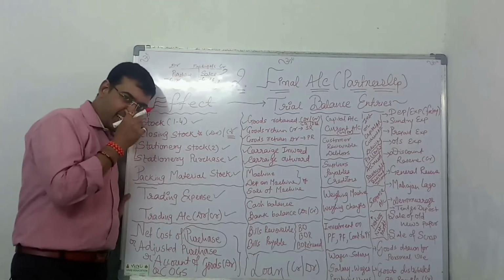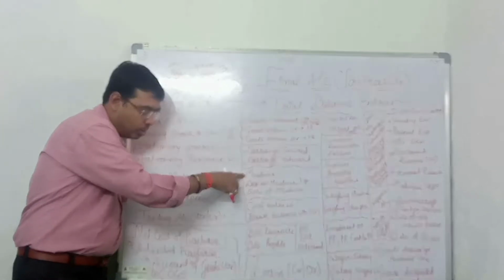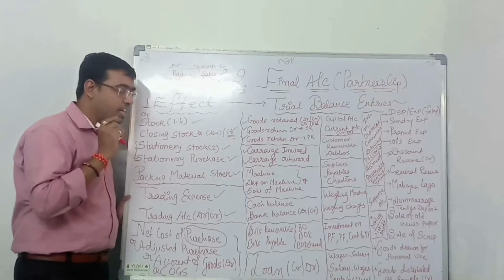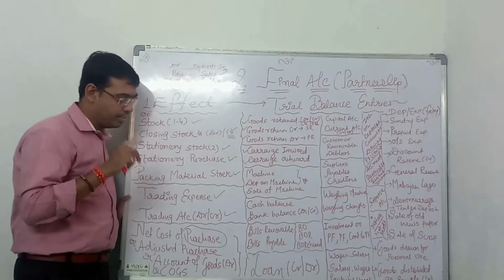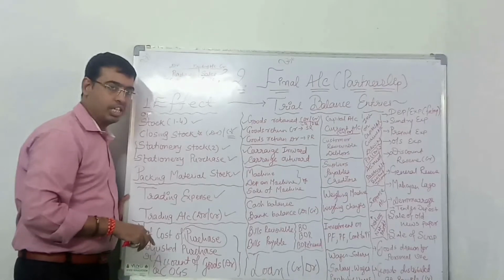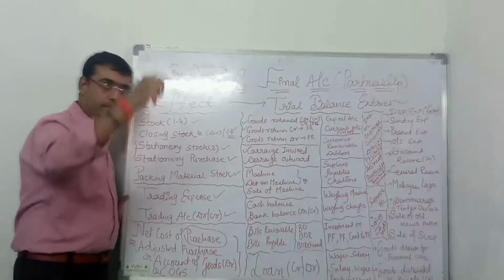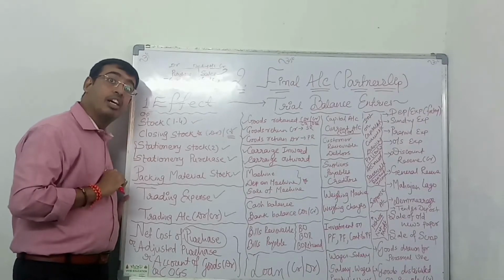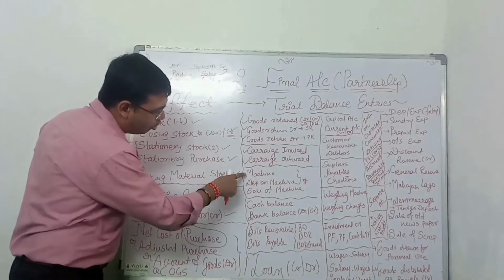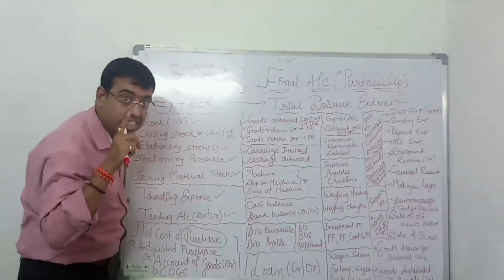Another most important entry. When machine amount and depreciation on machine are both given in a trial balance, please understand, when machine amount and depreciation on machine account are given immediately one after another, then you need to record both of them on the asset side of the balance sheet.